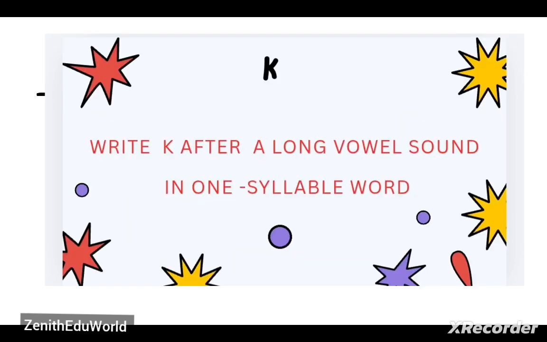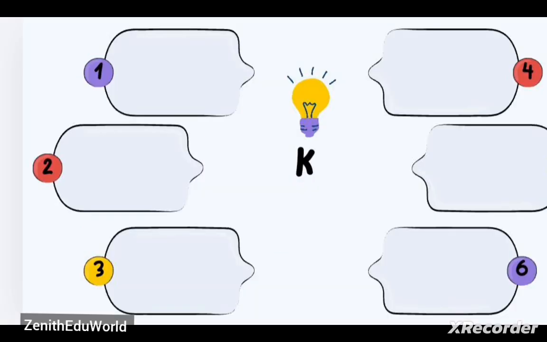Now let us learn about the k sound. Now we have to keep two things in our mind. The first is we have to write k after a long vowel sound in a one syllable word. Example, ch-e-k, cheek.